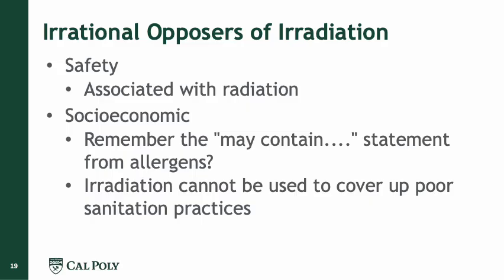There are irrational opponents of irradiation. Really, irradiation is a safe technology. It helps a lot in many countries, and you should watch the video about how irradiation helped in Cuba.